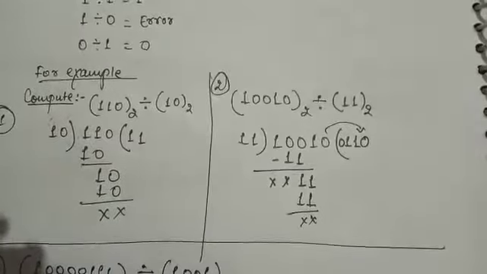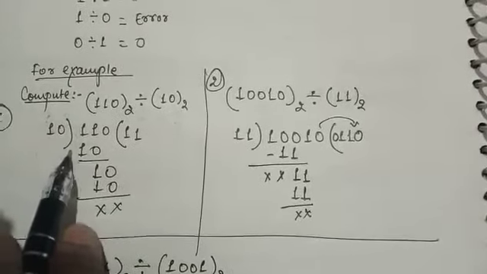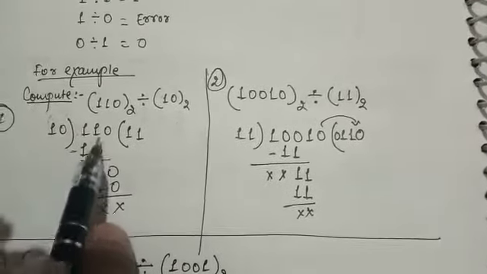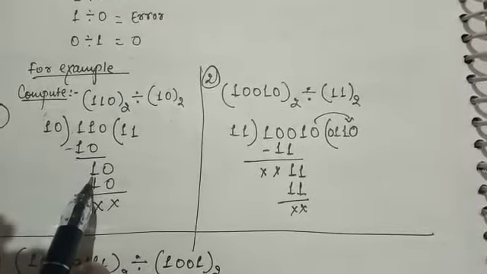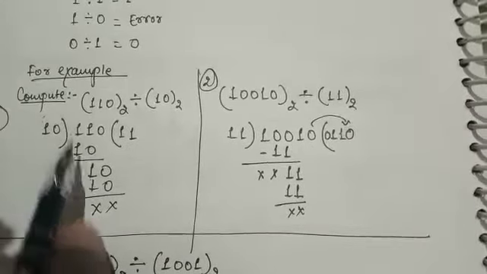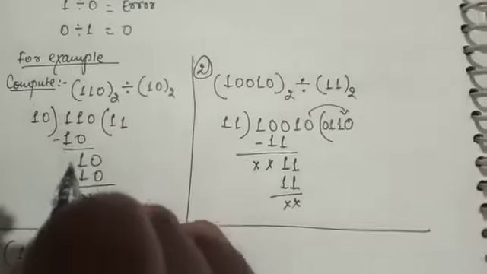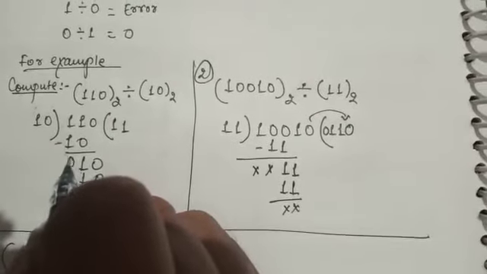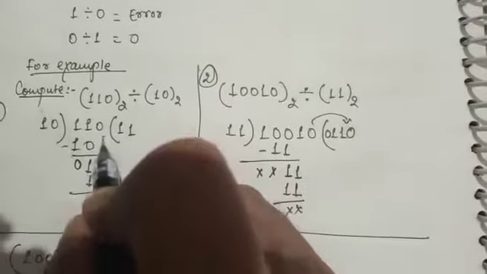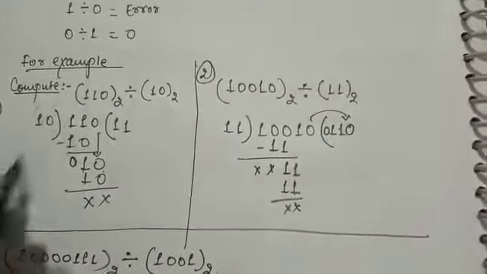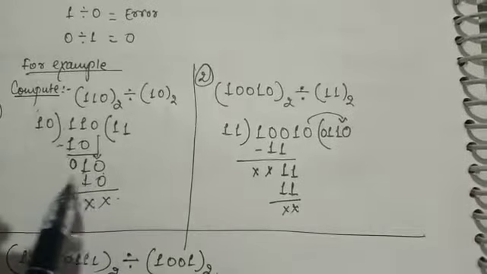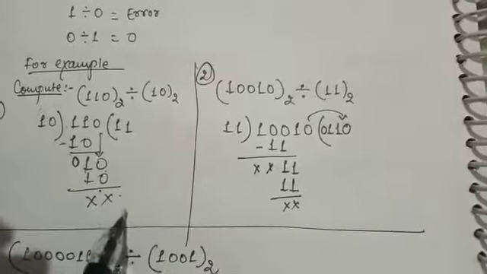So it performs the subtraction operation here. 0 is subtracted from 1, the output is 1, and 1 minus 1, the output is 0. Again 0 will carry on further. The next value is 10 and once it is fully divided. 10 divided by 10, the output is 0.